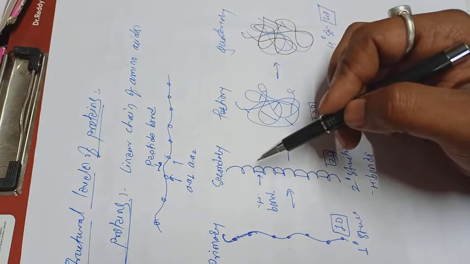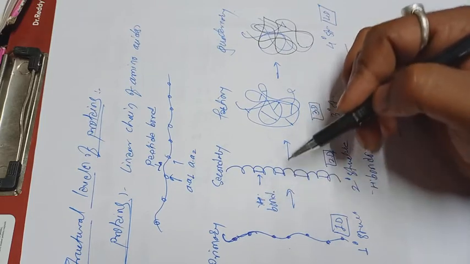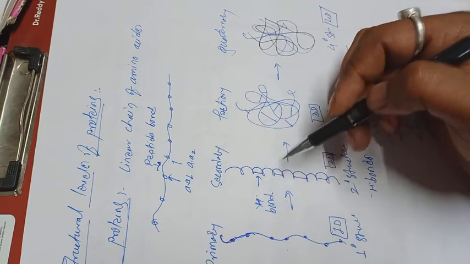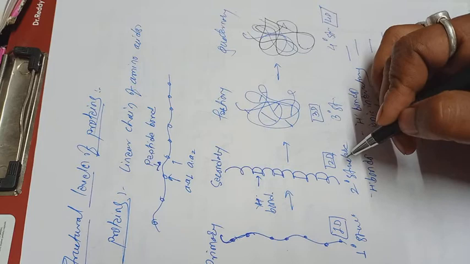In the secondary structure, the polypeptide chain is folded in a specific manner, and only hydrogen bonds are present. This is known as the secondary, or two-dimensional, structure.